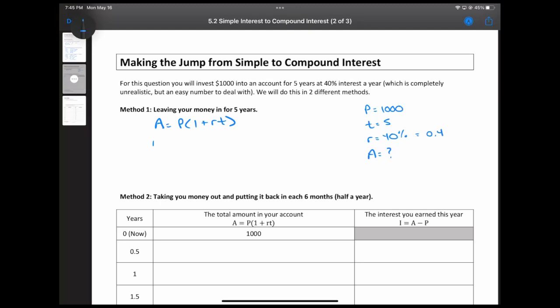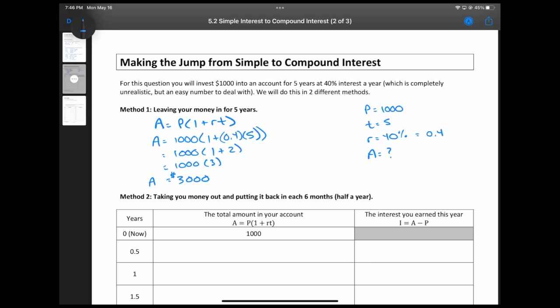Okay, so that gives us A equals 1,000(1 plus 0.4 times 5), which is 1,000 times 1 plus 2, which is 1,000 times 3, which is $3,000.